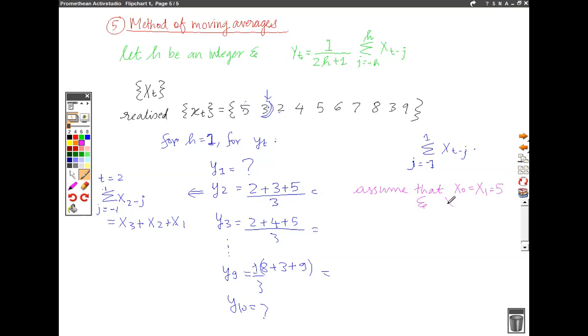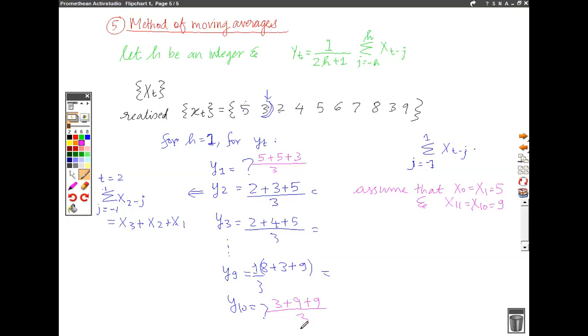And you assume that my x11 is going to be exactly what my x10 is, which is 9. So in that case, for y1, the average that you will be looking at will be 5 plus 5 plus 3 upon 3. And here you will be looking at 3 plus 9 plus 9 upon 3.